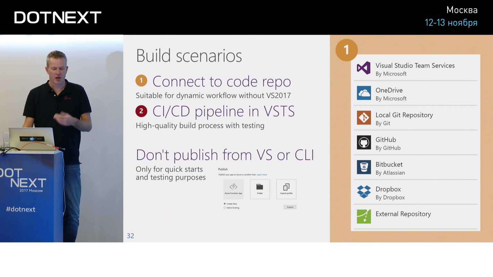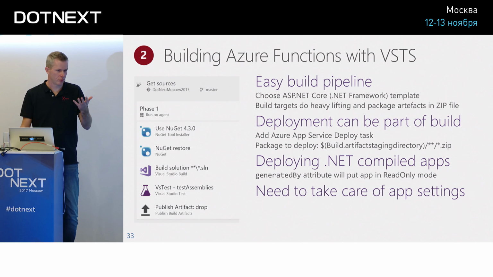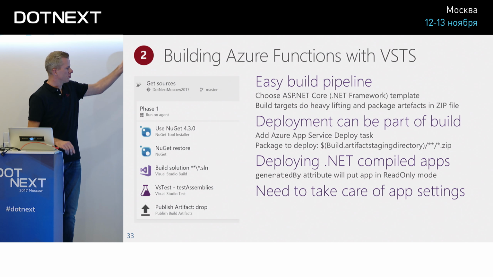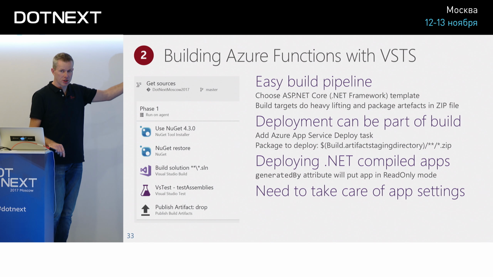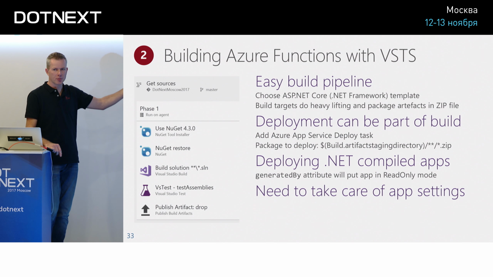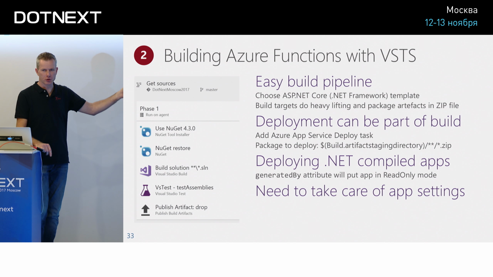And then you would want to have something in VSTS or Jira, Jenkins, whatever combination you want to use, as long as you can build a pipeline that includes using NuGet, restoring all of the packages, and building your solution with all the source code.